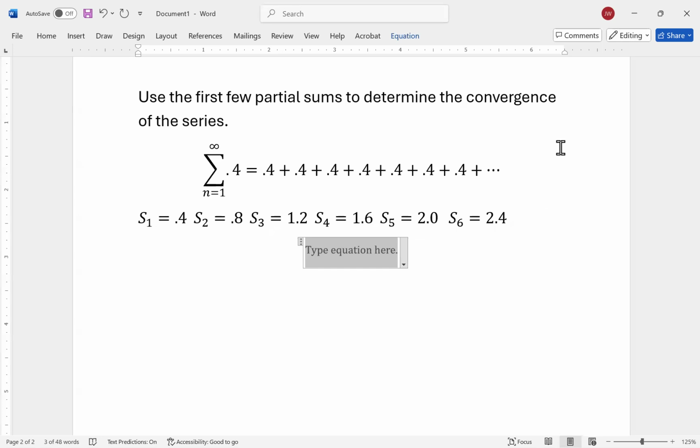And now I can see, hopefully, that the pattern we're getting for the partial sums is just 0.4 times n. We're getting n copies of 0.4 when I add this up.